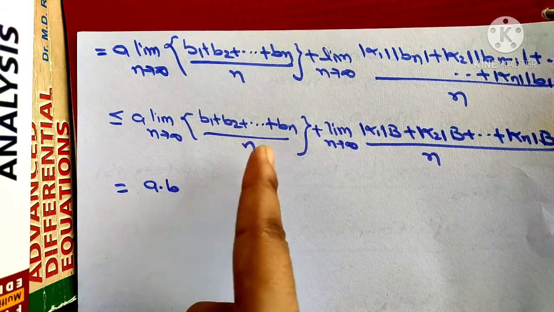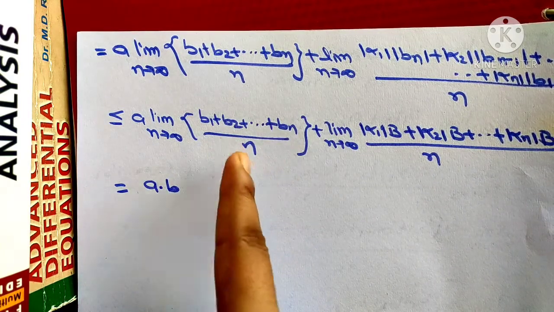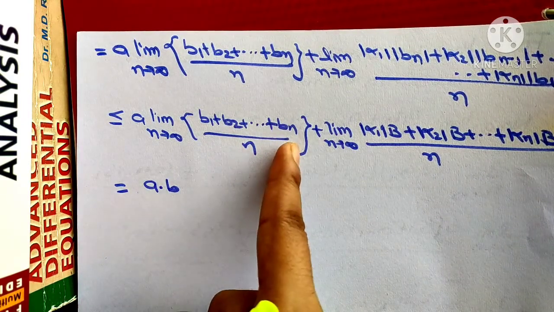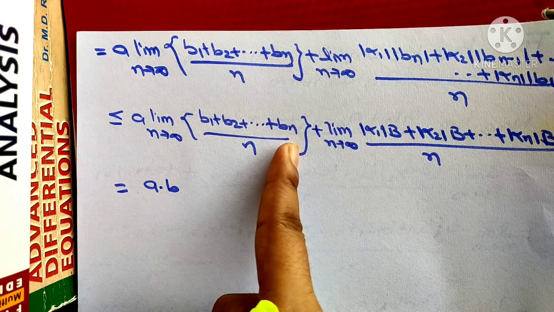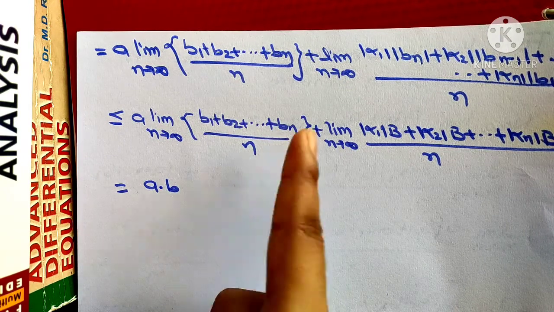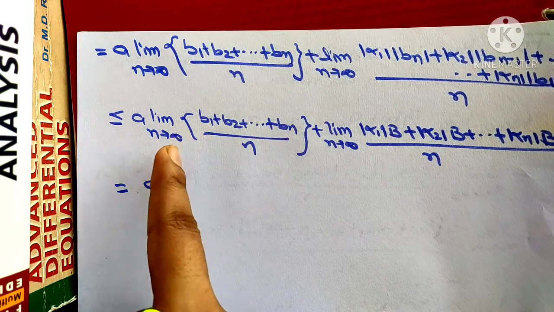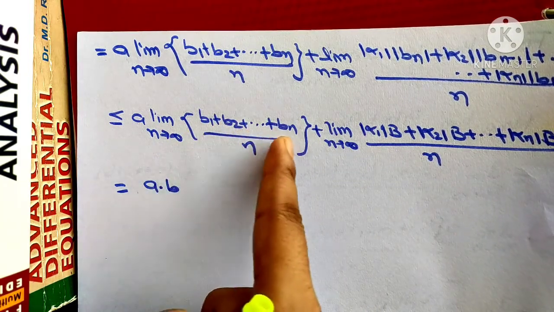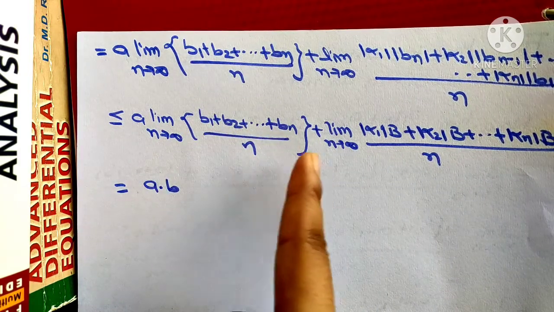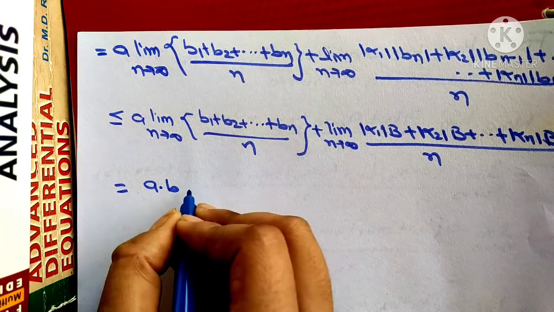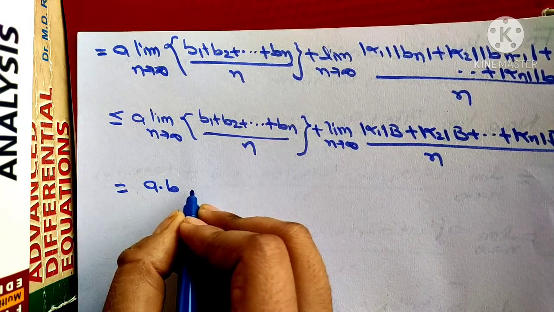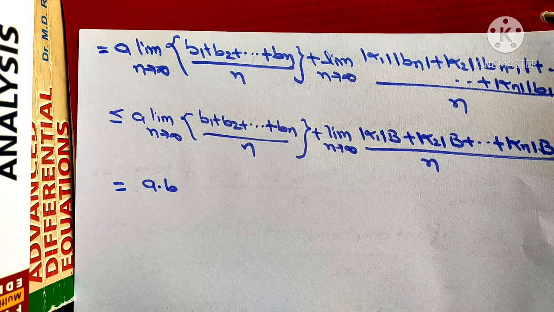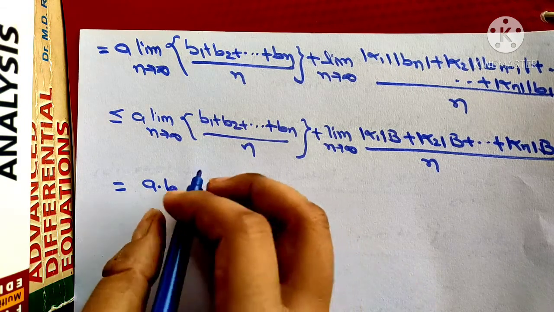From Cauchy's first theorem on limits, we know that if the sequence bn converges to b as n tends to infinity, then limit n tends to infinity (b1 + b2 + ... + bn) upon n tends to b. Check my description box, all the links are given below; I also uploaded Cauchy's first theorem on limits.